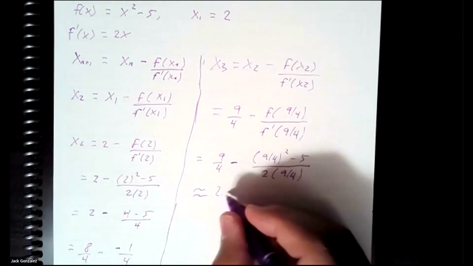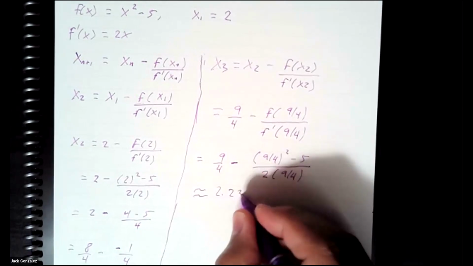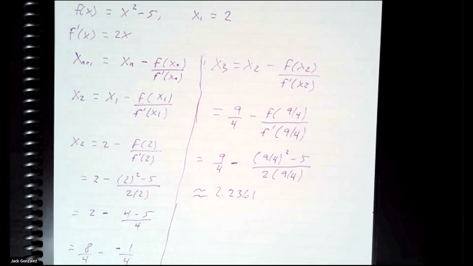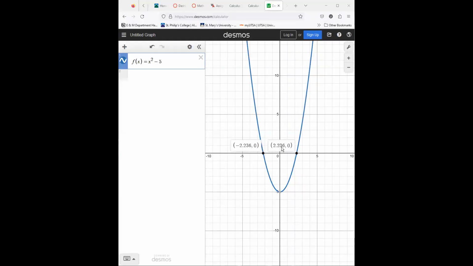Should get about 2.2361. I don't know what they're going to ask you to round to. Just choose that decimal place. And I believe that's what we had, right? Yeah, 2.236.